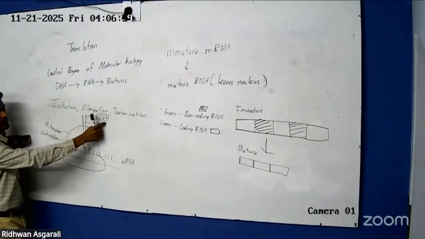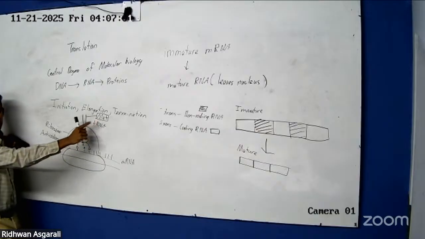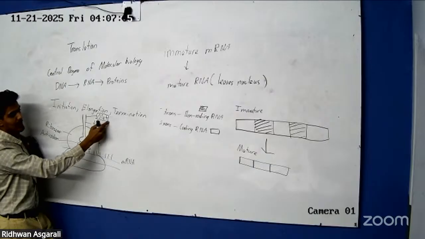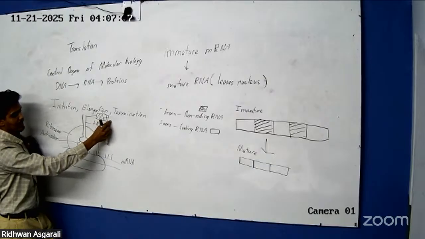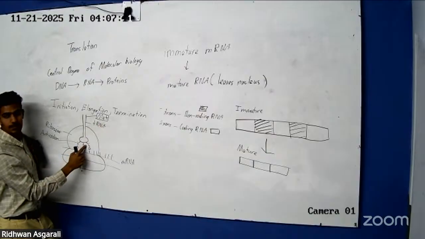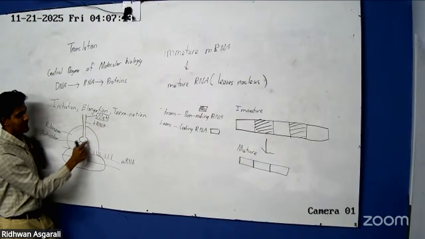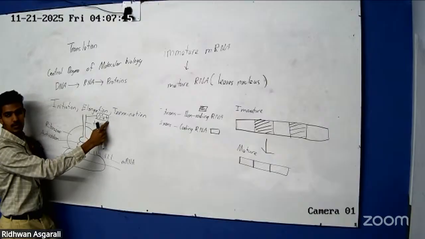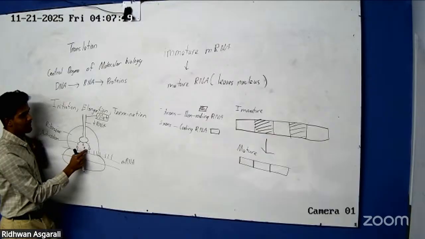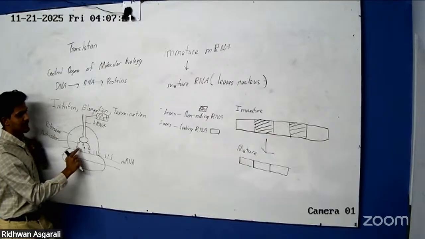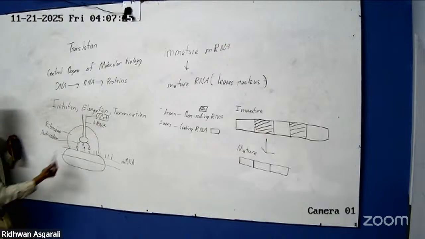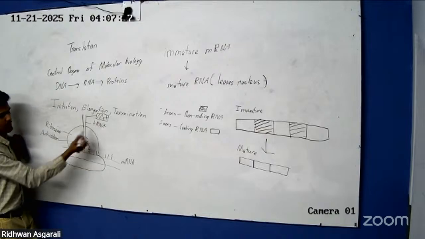And if you look on the top here, you'll see an amino acid. This amino acid is methionine. Based on the anticodon you have here, that will determine the amino acid. Now, check what amino acid AUG produces. Just check in the table.